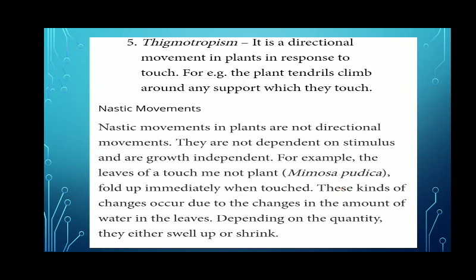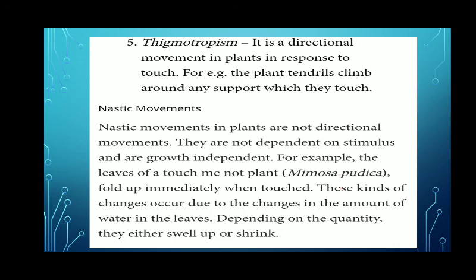Fifth is thigmotropism. What is thigmotropism? Thigmotropism is a directional movement of plant in response to touch. Here the stimulus is touch, and when the plant shows movement towards the touch, then it is called thigmotropism. We can give an example. The climbing parts of the plants, which are known as tendrils, always grow towards the support which they happen to touch.